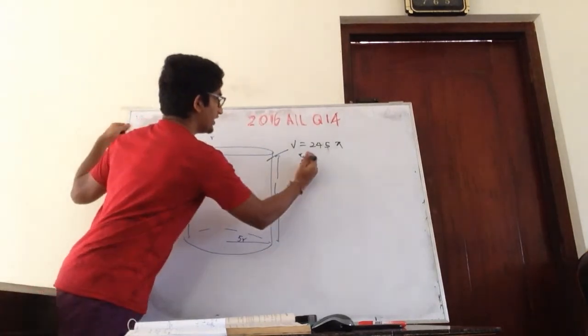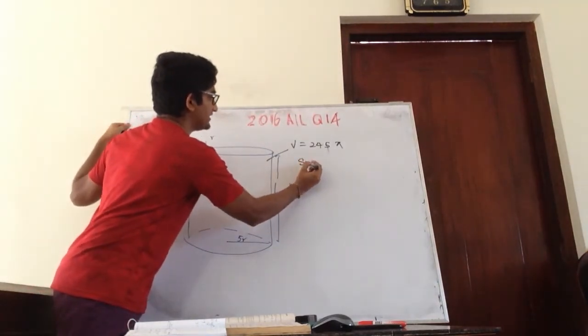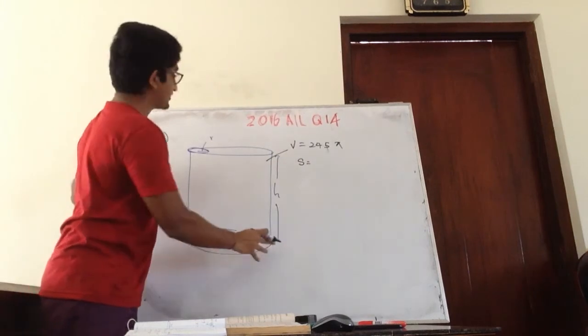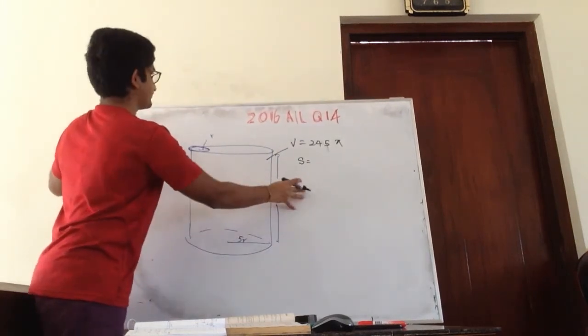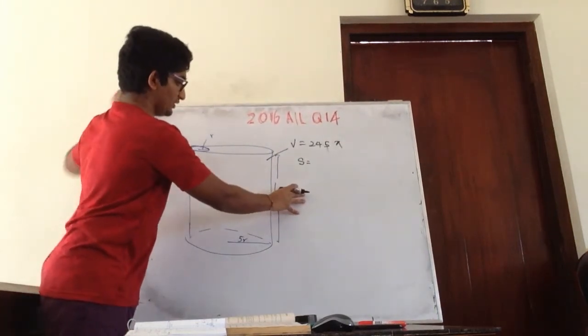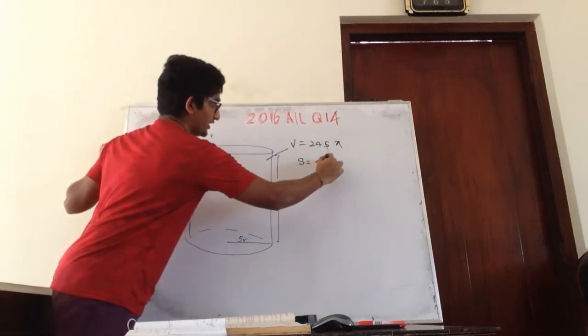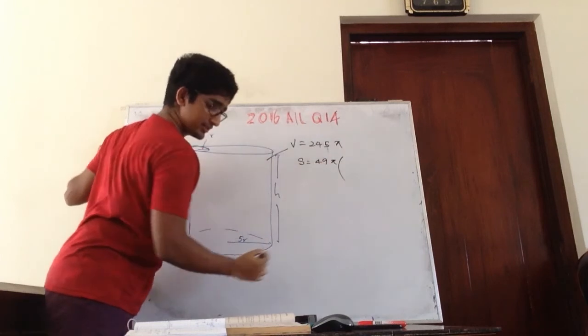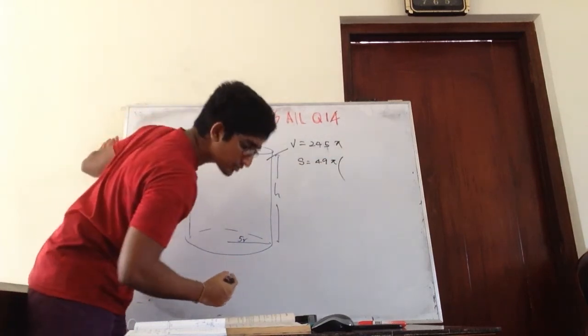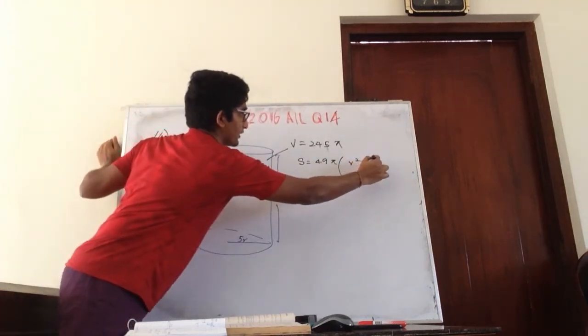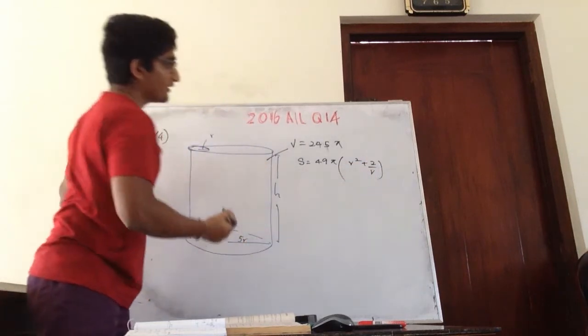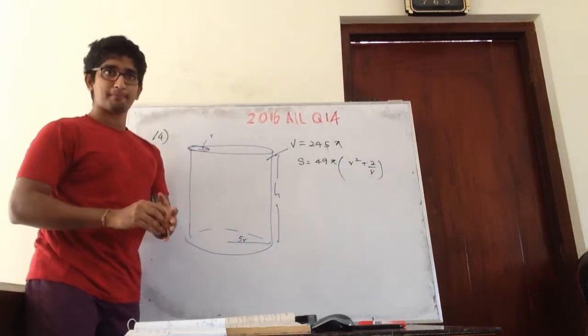So they are asking us to find S, no? So they are giving S as 49π over r, plus 24π r squared. Right, so this is what we need to find.